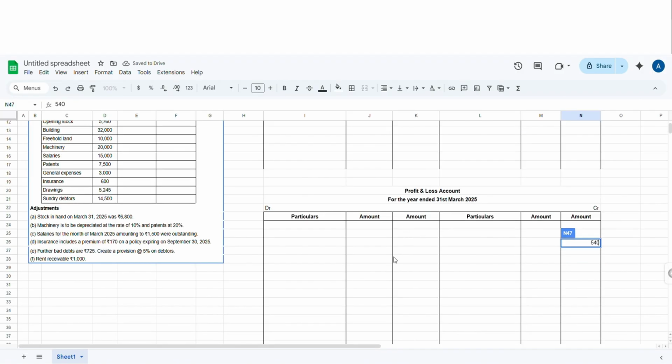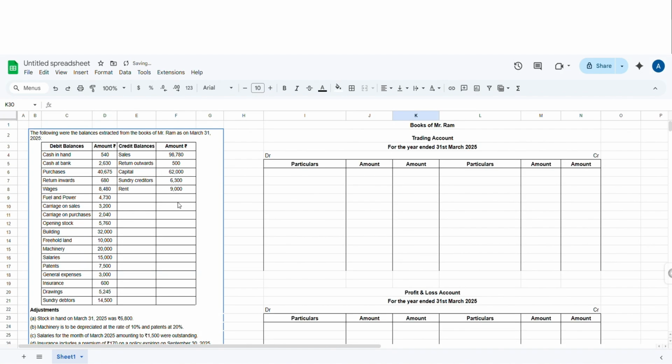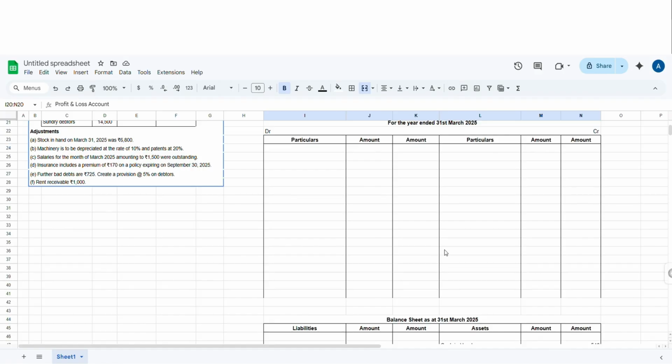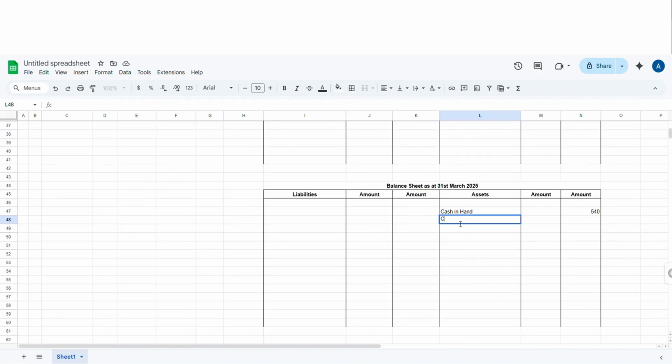Next, cash at bank 2,630. It is also balance sheet asset side. Cash at bank 2,630.